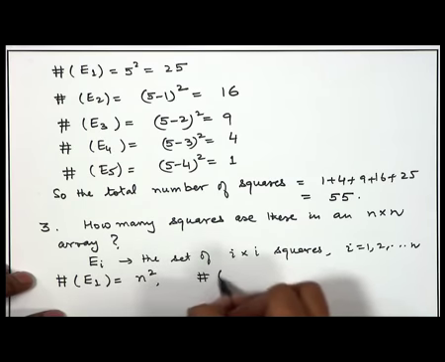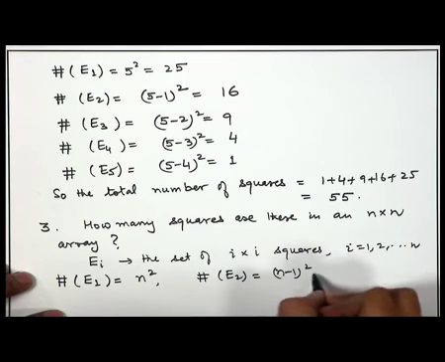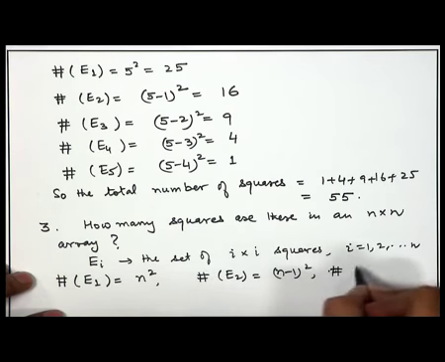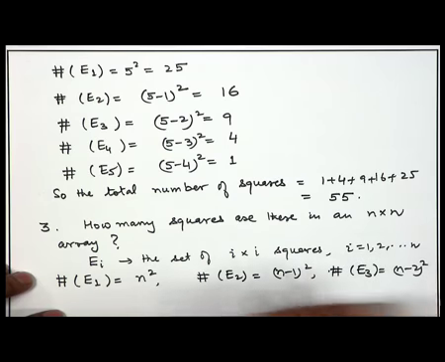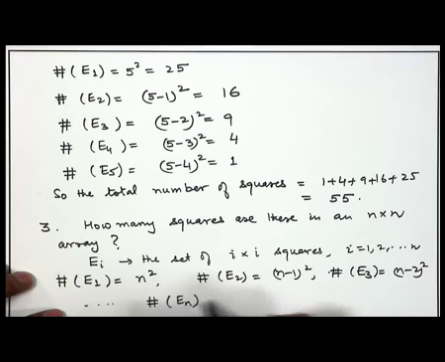The number of 2 by 2 squares will be (n minus 1) square. The number of 3 by 3 squares will be (n minus 2) square, and so on. The number of n by n squares is 1.